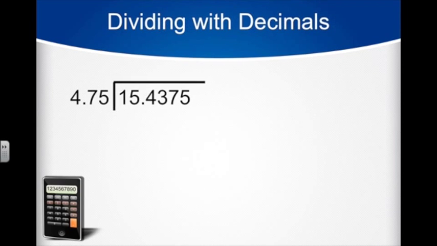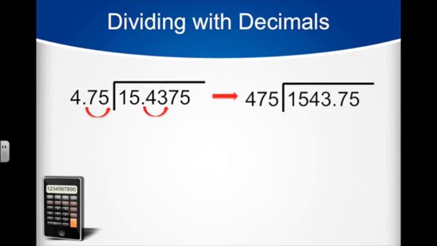Finally, let's look at how we would divide with decimals by doing the problem 15.4375 divided by 4.75. First, you need to convert the problem so you're dividing by an integer. You probably remember the rule of just moving the decimal point over 2 places like this to get 1,543.75 divided by 475. But what's really going on here?